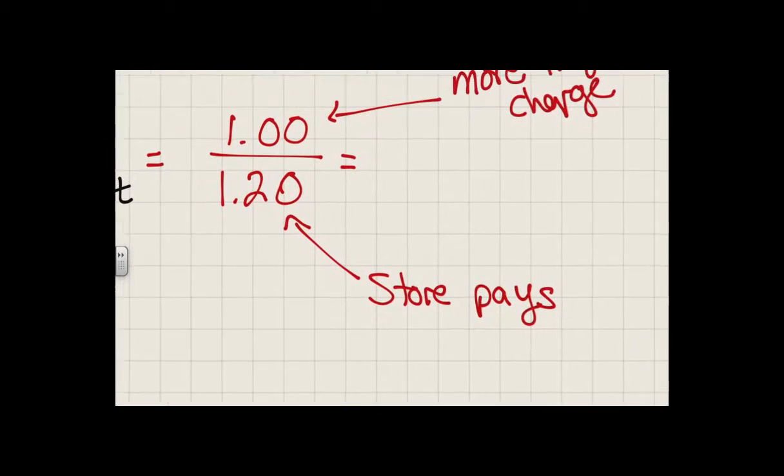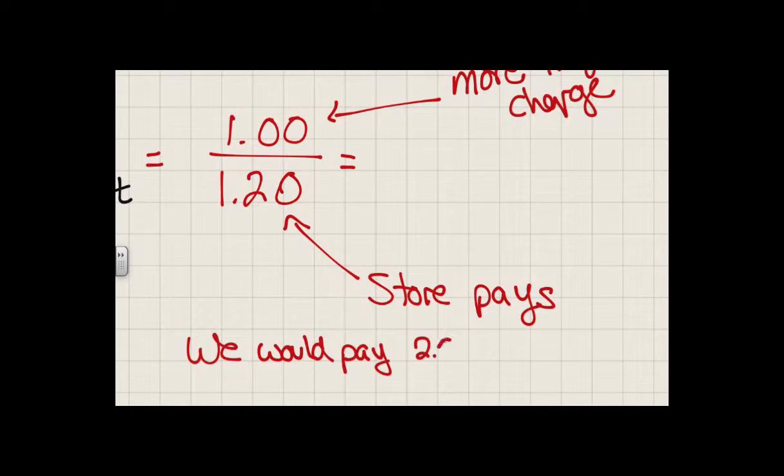We would pay $2.20. But that's not necessarily what we're asking for. What we're asking for is what is the percent markup? By how much is Meijer marking up the price?